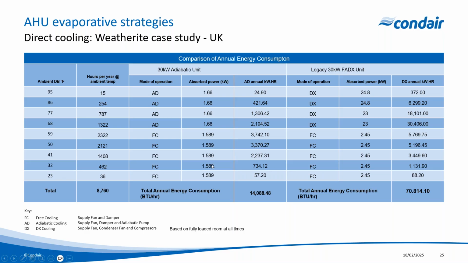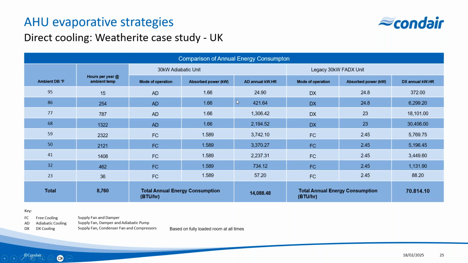So if we look at the ambient air, outside air condition and associated operating modes, we can see that at 59 degrees, both the 30 kilowatt adiabatic unit and the DX system are going to be operating in free cooling mode. So simply pulling outside air, bringing that into the space and supplying that for cooling.